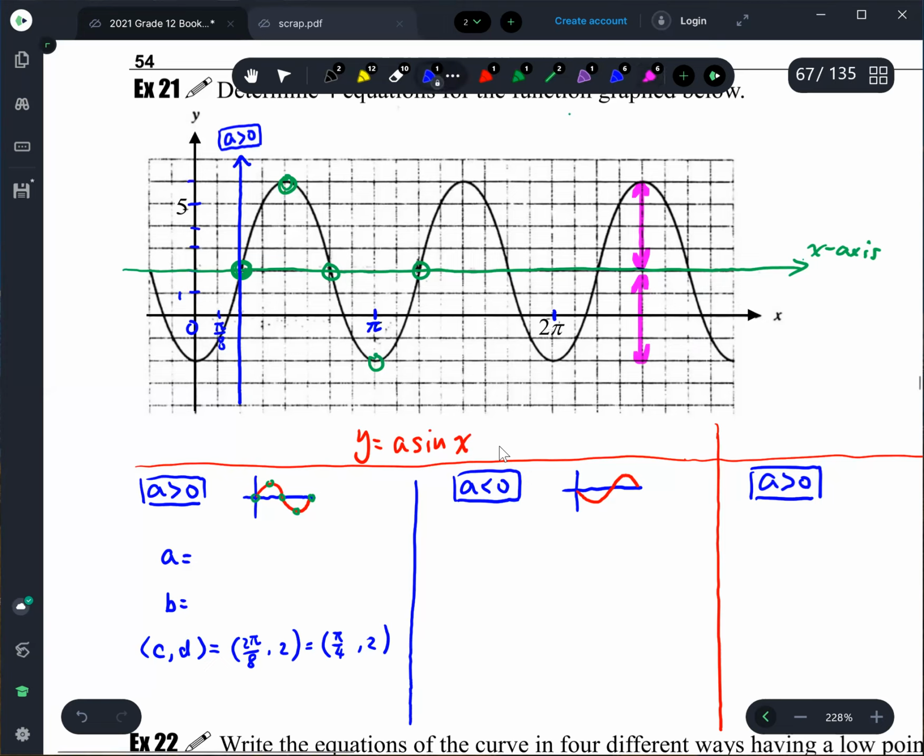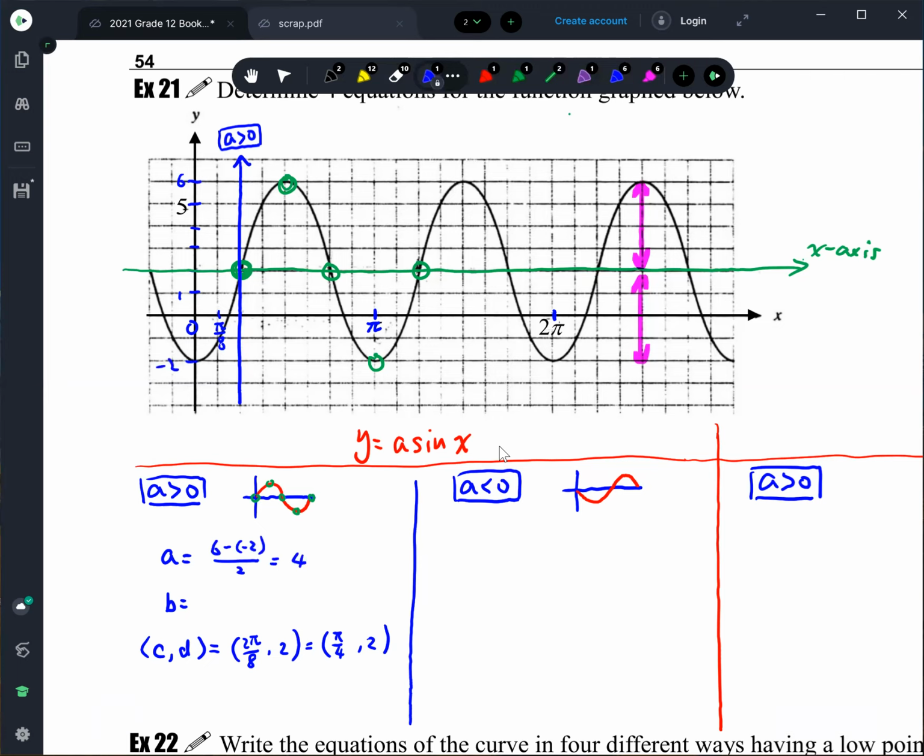Highest is at 6, lowest is at -2. So if you use the formula, it'll give you 4. Or if you want to do counting, from the middle line up to the highest, it takes 4 boxes. Then you can count as well. From the middle line to the lowest, also 4 boxes.